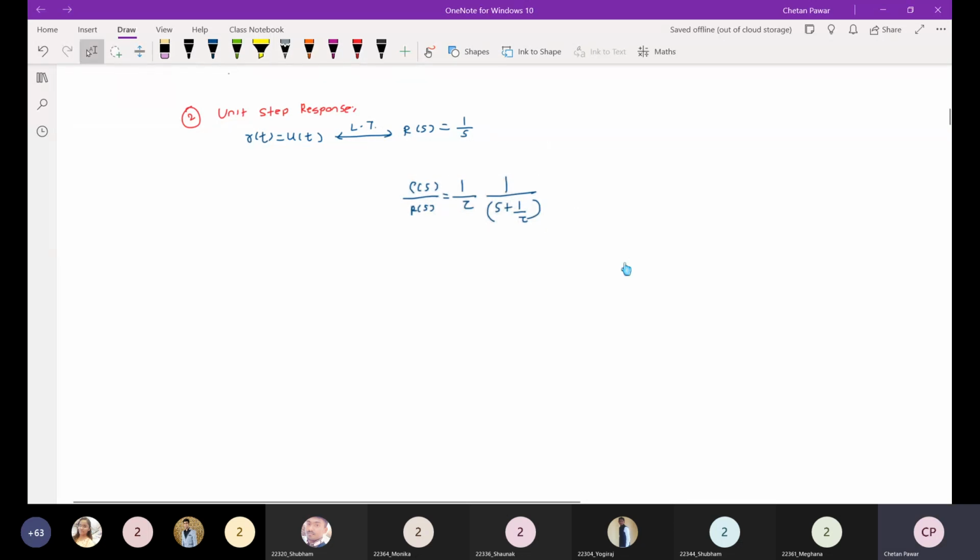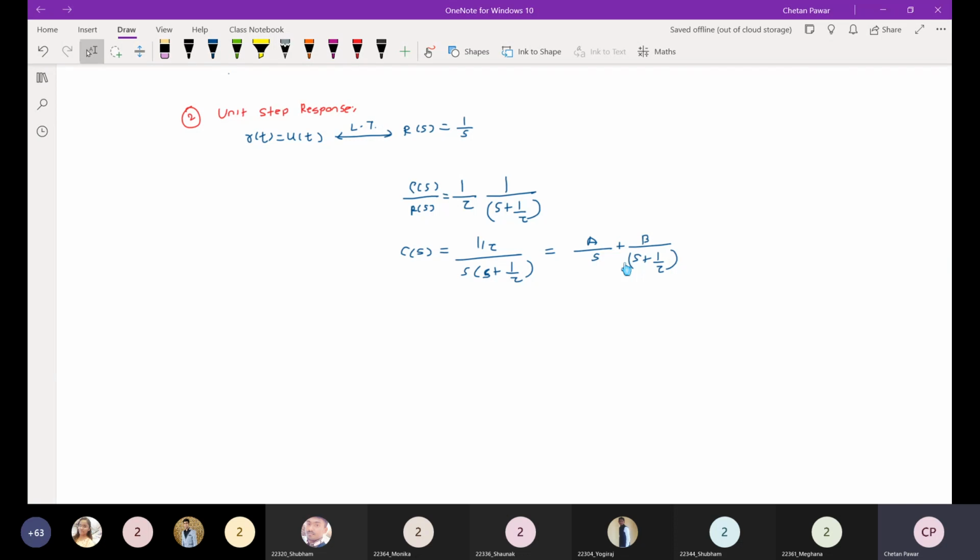Now if I put R of s is equal to 1 by s in this equation, C of s will be, right. So I can solve this by using partial fractions. Okay, tau is the time constant of the system, right?